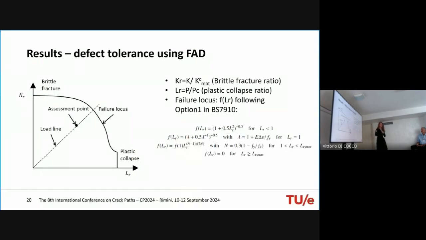On the horizontal axis, there is the plastic collapse ratio, which is the applied load divided by the collapse load. And on the vertical axis, there is the brittle fracture ratio, which is the stress intensity factor divided by the fracture toughness. If the assessment point falls on the failure locus, or is above the graph, failure will occur.